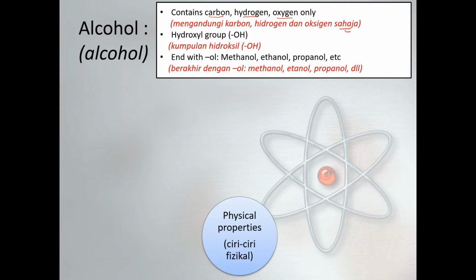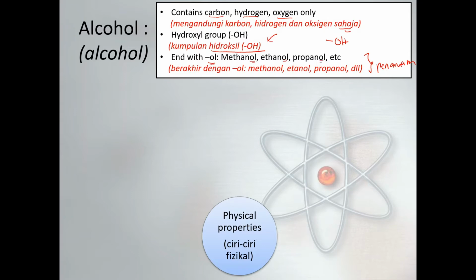So it is in the hydroxyl group. Dia berada dalam kumpulan hidroksil. Okay, hidroksil ni maksudnya OH berada di hujung struktur dia. So nama dia mesti ada OL kat belakang. Okay, how to name them, how to identify them, kita tengok dia ada ol kat belakang.